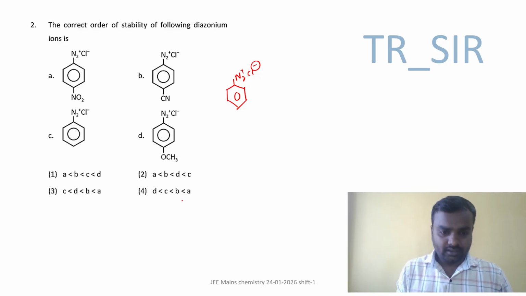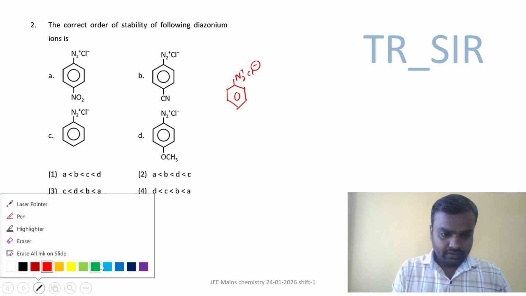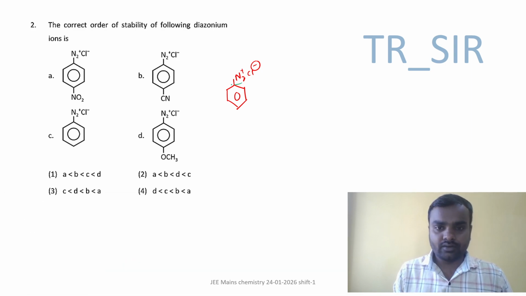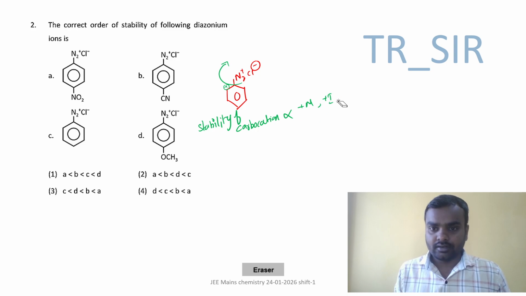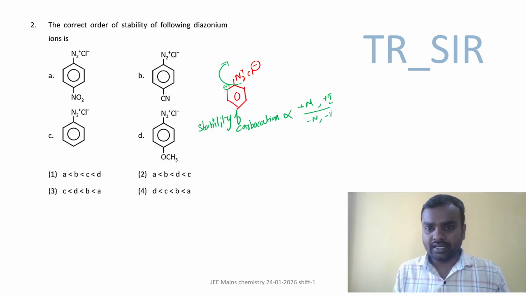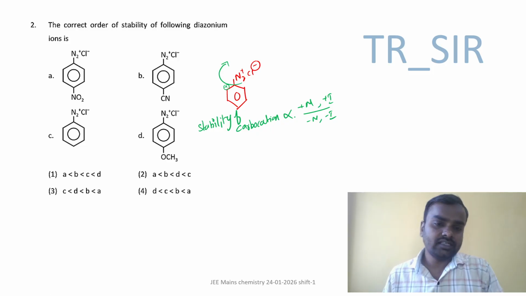Assume that if nitrogen leaves, a slightly positive charge will be produced on the phenyl carbon, but it will not form a full carbocation. The stability of carbocation is proportional to plus M and plus I, and inversely proportional to minus M and minus I. So we have to see which is more stable.